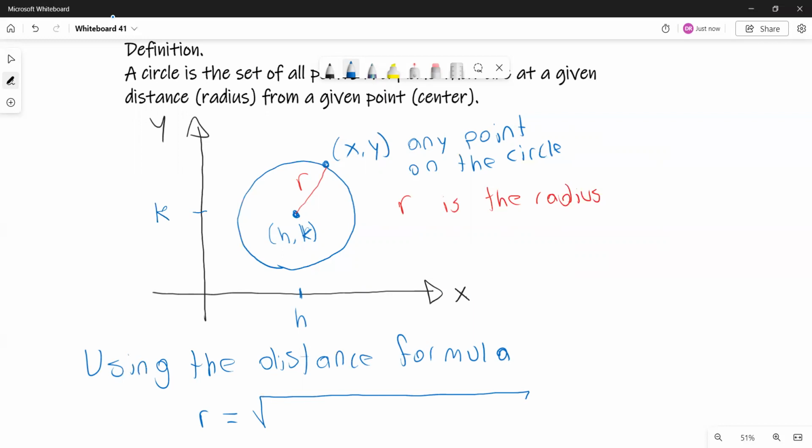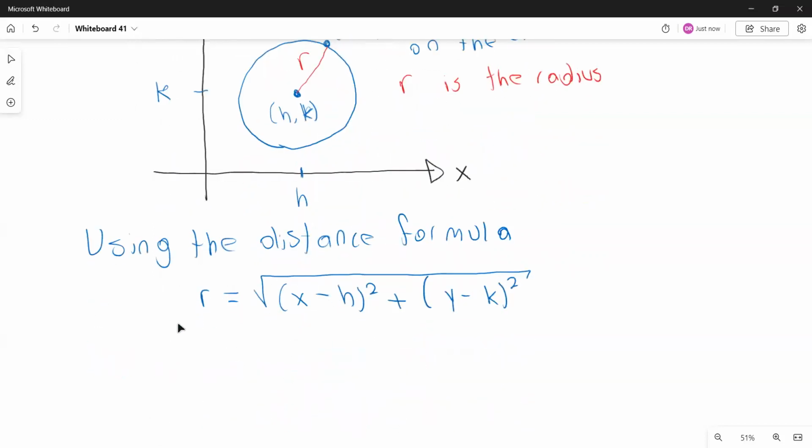So the distance from any point x, y to the center h, k is going to be the square root of x minus h squared, that is x2 minus x1, plus y2 minus y1. The y coordinates are y and k. So that formula is already correct.